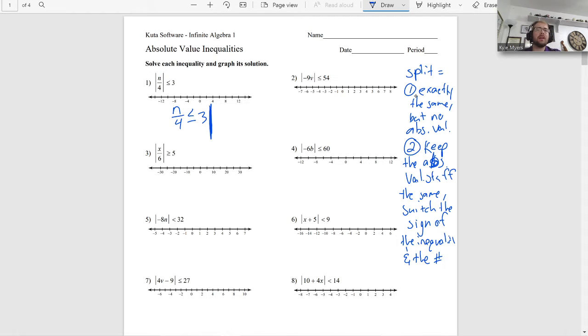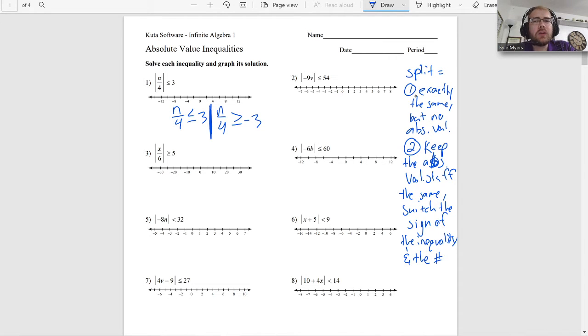So keep the absolute value stuff the same, n over 4. Switch the sign of the inequality, so now it's going to point this way. It was pointing the other way, now I have it flipped. And the number: now 3 is negative. All right, that part was a little bit more tricky.